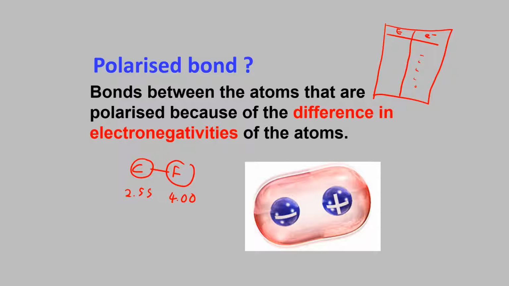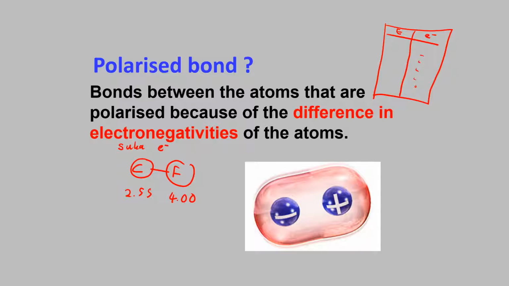What does polarized bond mean? Okay, if you remember, electronegativity means this atom is very electronegative. It likes to pull electrons to itself very much. Electronegative is like liking electrons.